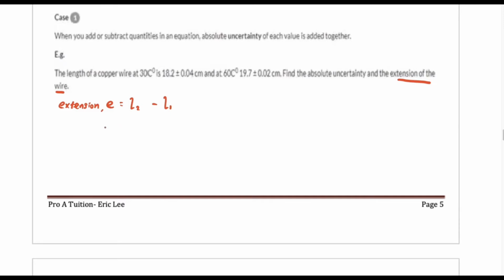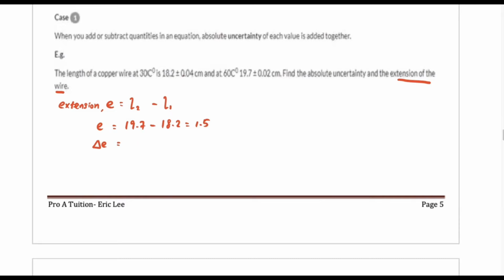So we have two parts. For E we subtract: we take 19.7 minus 18.2, and we get 1.5. But for the absolute uncertainty, we add up.